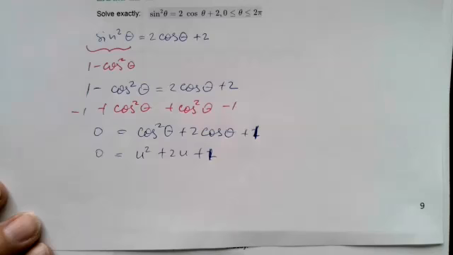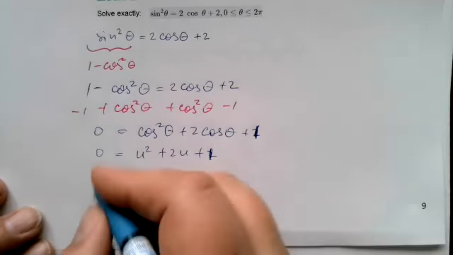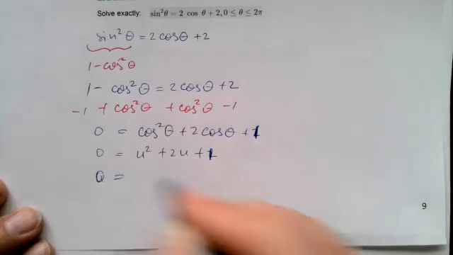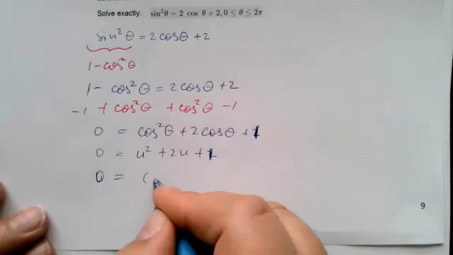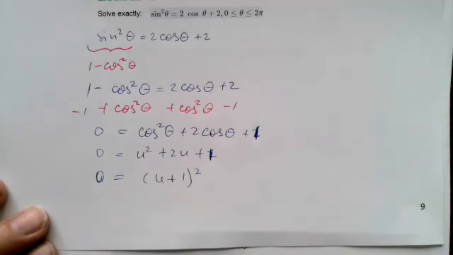So what's actually the go-to method? The first one that we try is to solve by factoring. And when you try solving by factoring, you realize that this is a perfect square. This is u plus 1 squared.